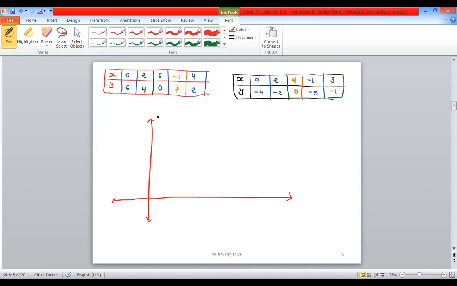Now, this is your x-axis and this is your y-axis. Give the name.